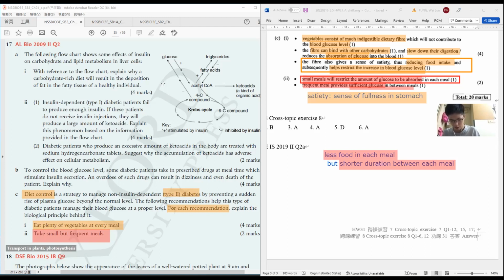So if you get it, I will go to the next part.